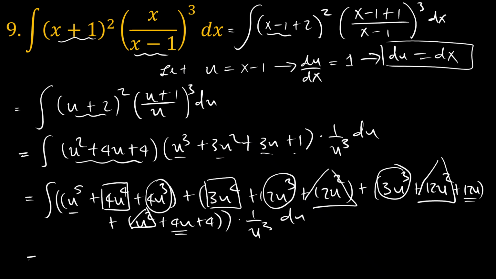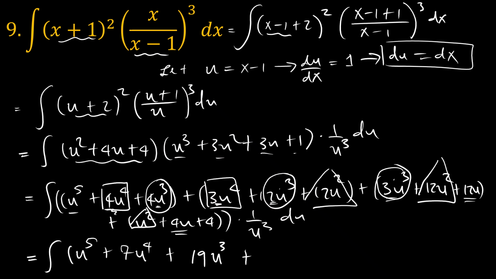So we have u to the 5, there's only one of it. U to the 4, we have this and this, which is 7u to the 4. And then u to the 3, we have this, this, and this. So that is 19u to the 3, 4 plus 12 plus 3.